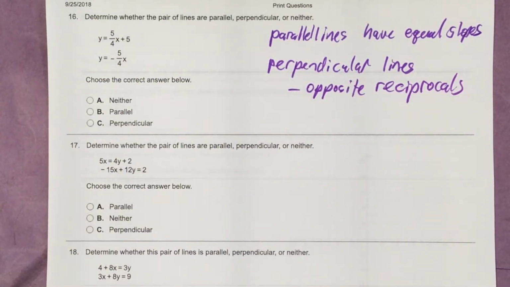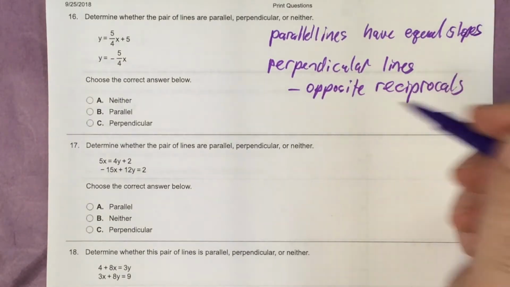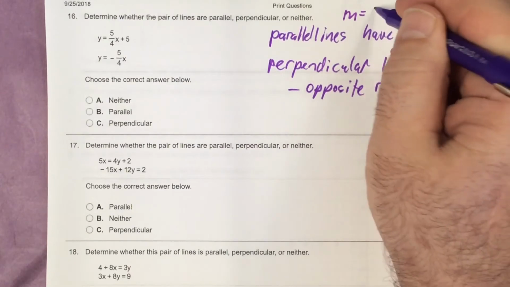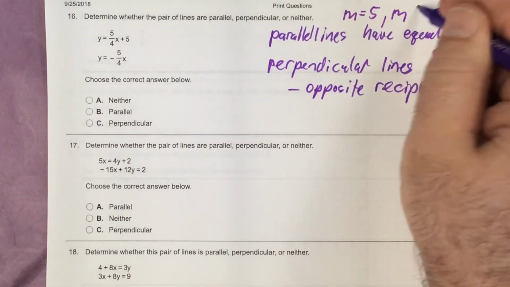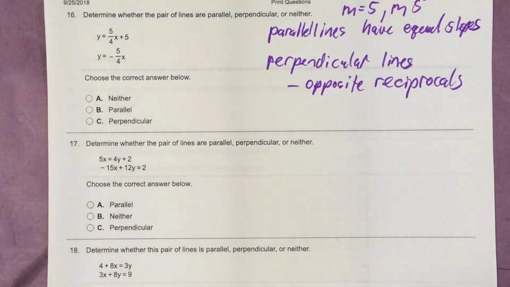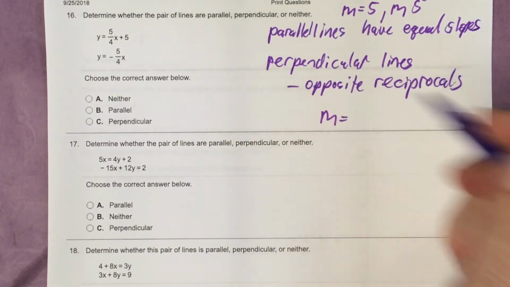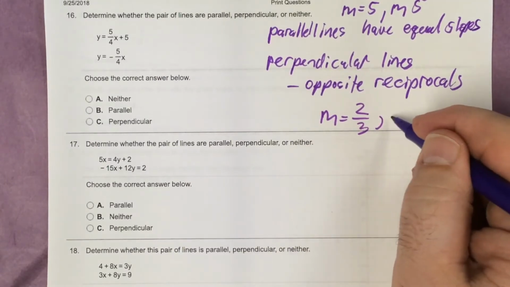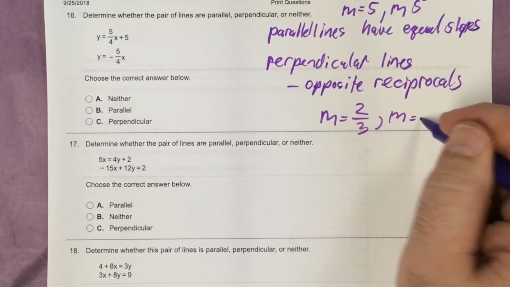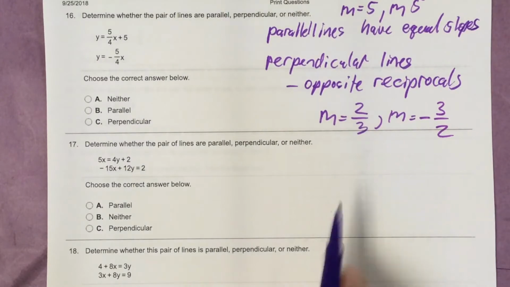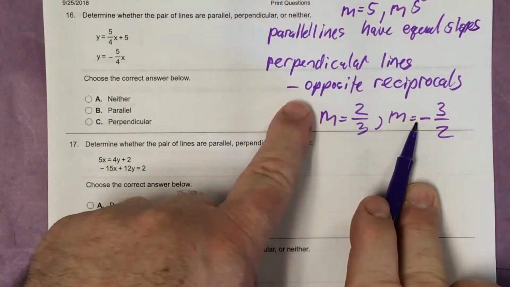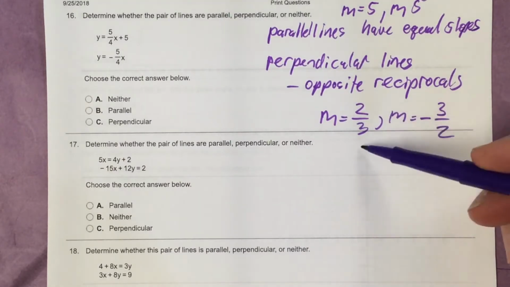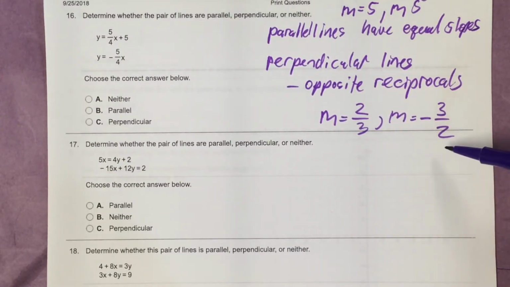For example, parallel lines have the same slope: if one line has a slope of 5, another line has a slope of 5. But in the case of perpendicular lines, if one line has a slope of 2 over 3, then a line perpendicular to it has a slope of negative 3 over 2. This is positive, this is negative, that's the opposite part. And then the slopes are reciprocals of each other: 2 over 3 and negative 3 over 2.